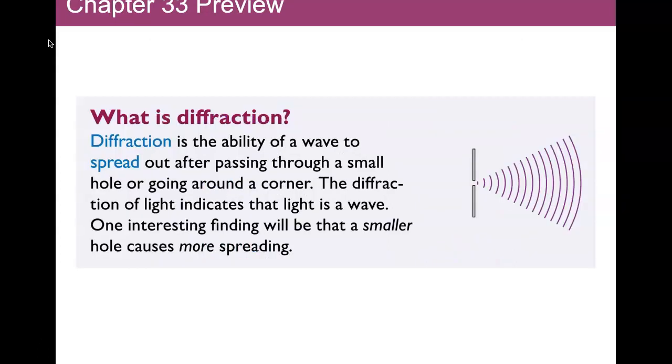So in this chapter, we'll talk about diffraction. Diffraction is a fundamental property of waves, the fact that they spread out after passing through a small hole or going around a corner. So they don't move like particles, right? They're waves, and they spread in the medium. For light, there's no medium.